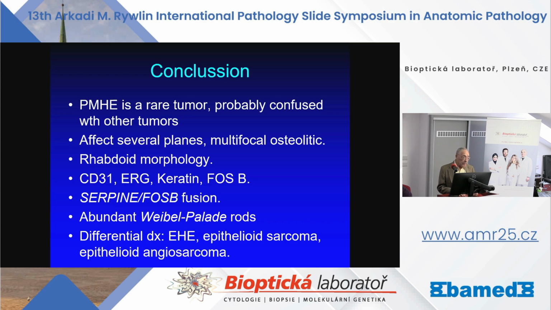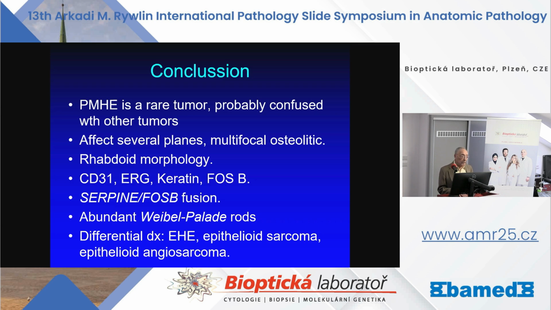In conclusion, the pseudomyogenic hemangioendothelioma is a rare tumor, probably underdiagnosed, probably confused with some other tumors. It typically affects several planes. Could be skin, it could be subcutaneous tissue, or bone.